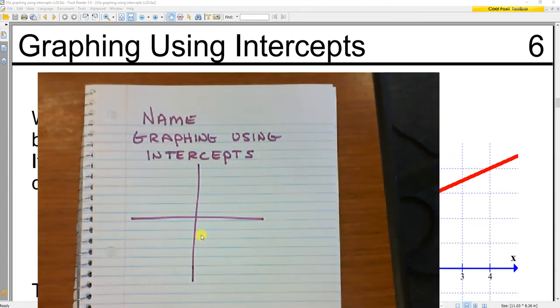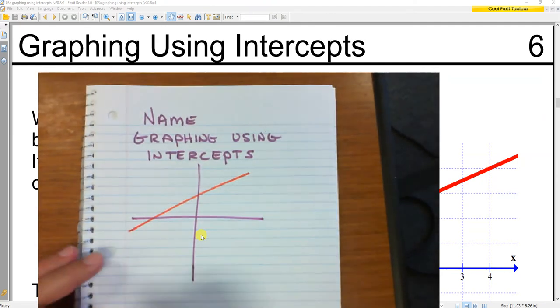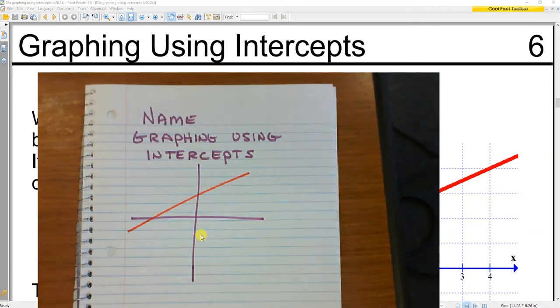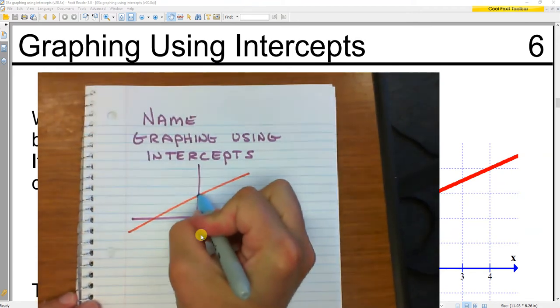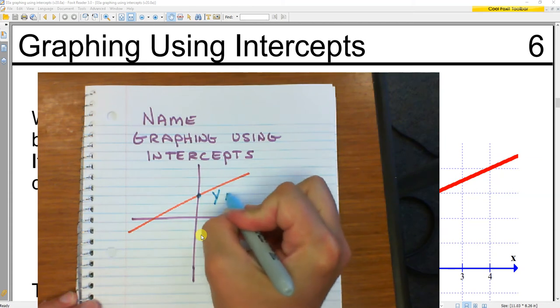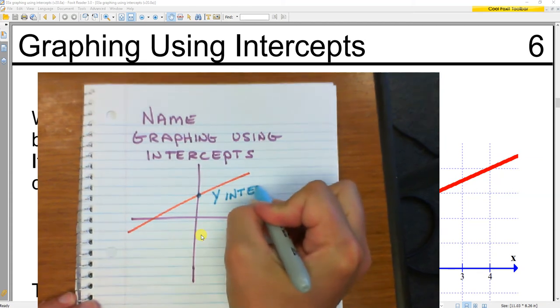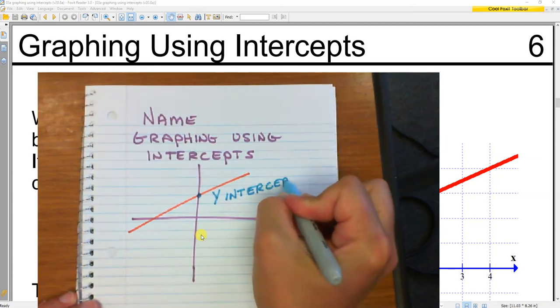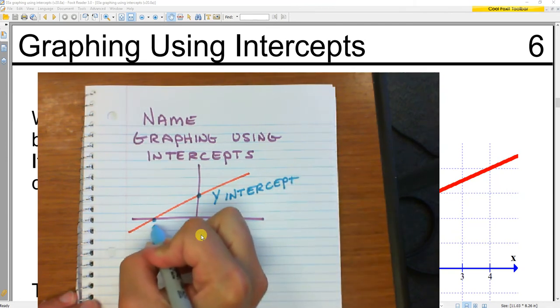So here's a coordinate system. Here's a line. This point right here, this is the y-intercept. This point right there is the x-intercept.